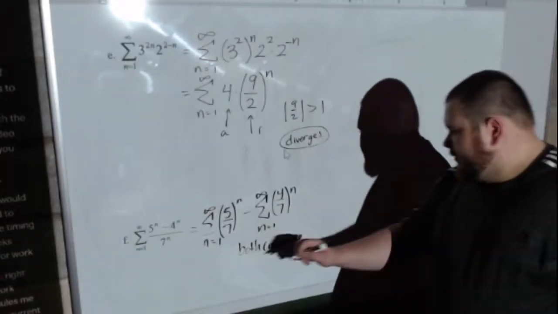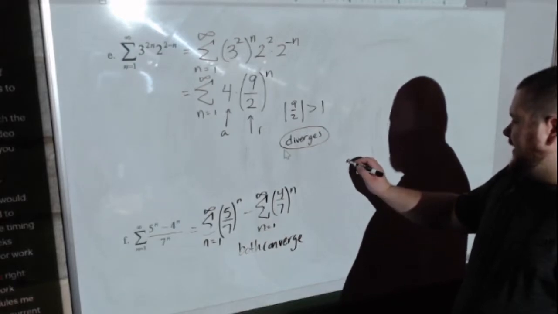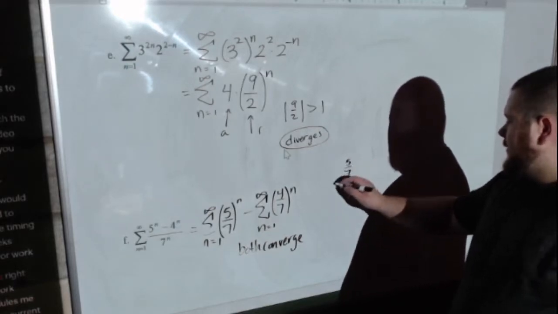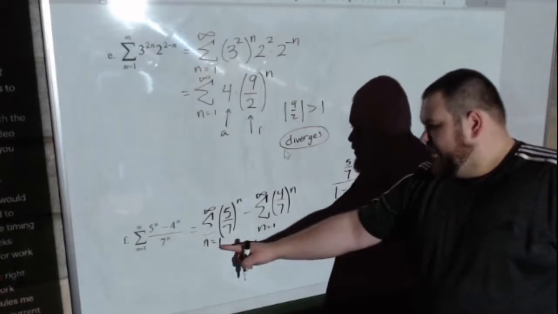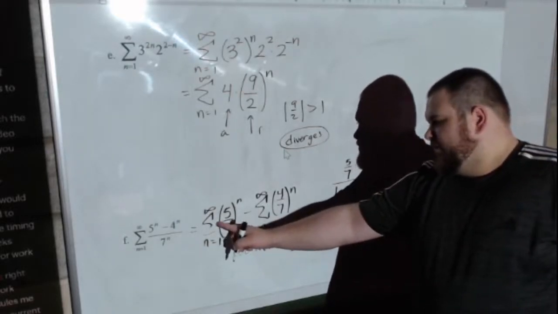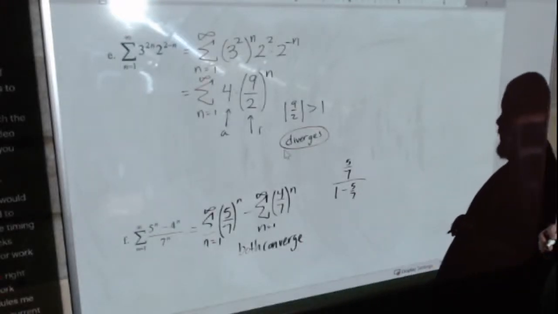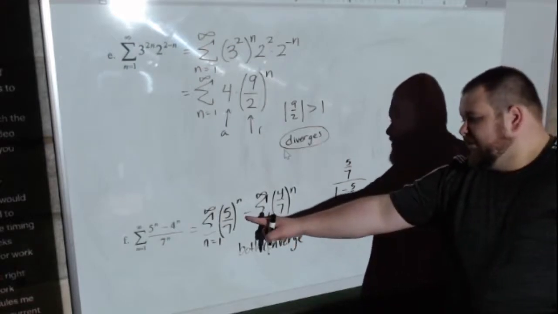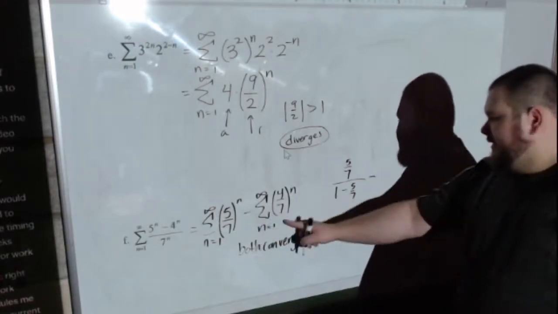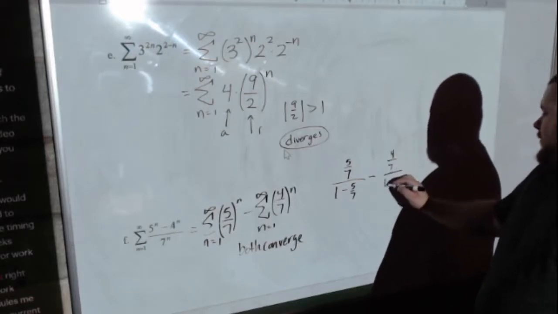The sum for this first one would be 5/7 all over 1 minus 5/7. Now it's technically AR up top, but A here is 1, and so is in this problem. And I would subtract this sum, 4/7 over 1 minus 4/7.